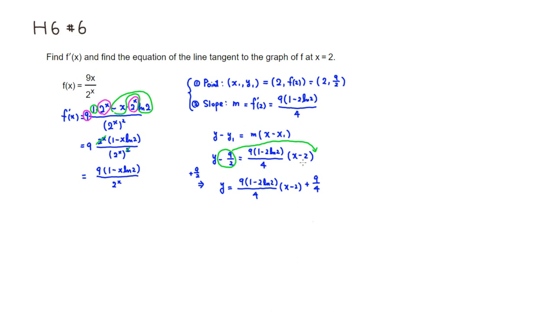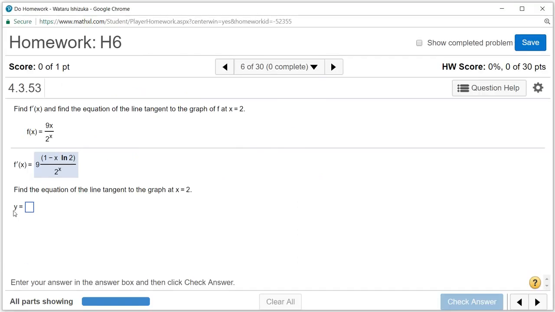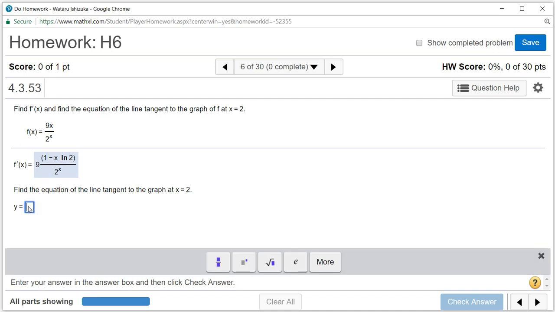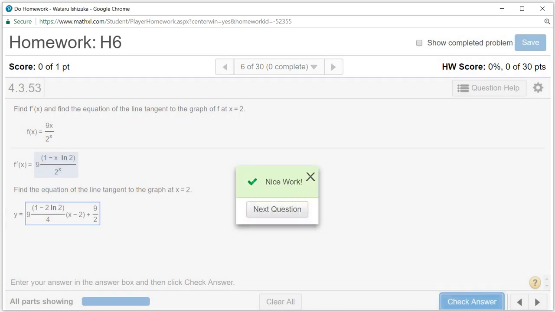Let's type this in. What we got was 9 times 1 minus 2 natural log of 2 divided by 4, multiplied by x minus 2. Then we're going to add 9 halves. Right, so let's check the answer.